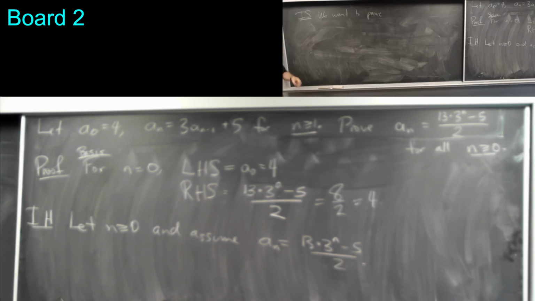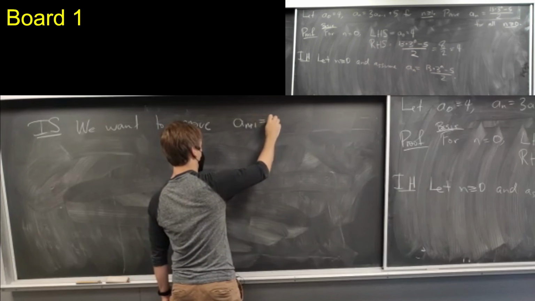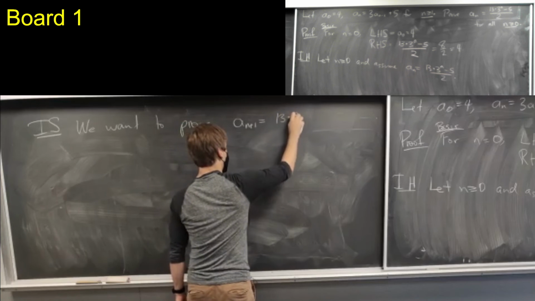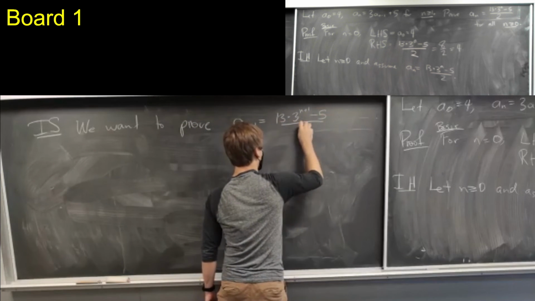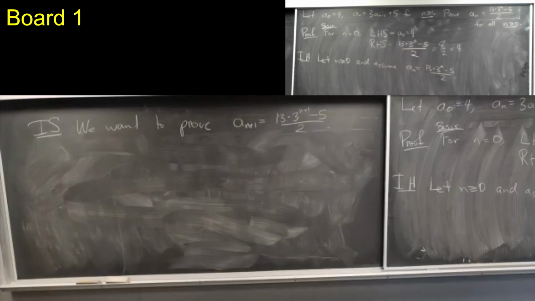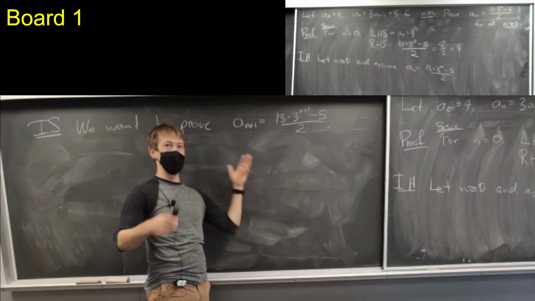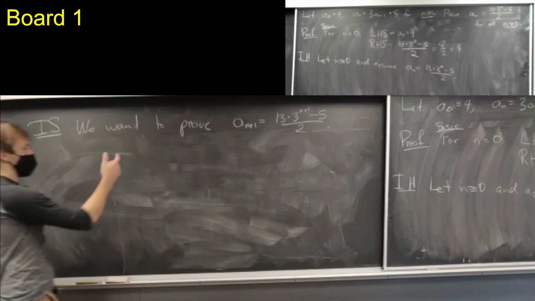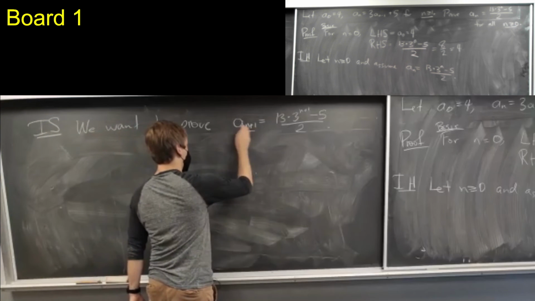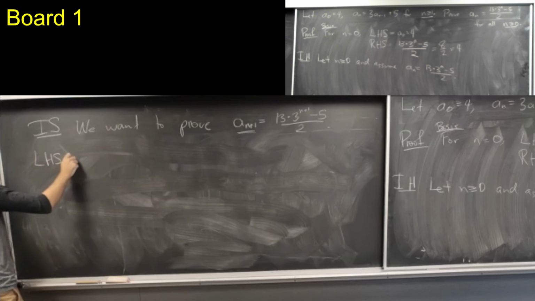Maybe we're running out of time, so I'll just write it. We want to prove the next case, which is that AN plus 1 is 13 times 3 to the n plus 1 minus 5 over 2. And again, what I shouldn't do is just write this down and then simplify both sides. You start with one side, and the side to start with is probably this one. So my left-hand side is AN plus 1.